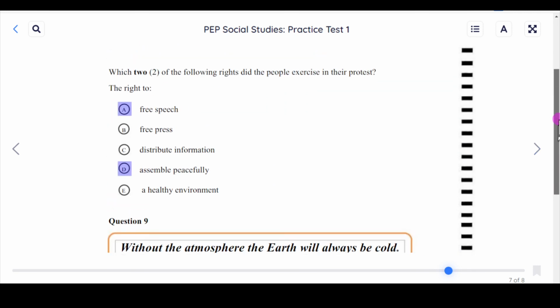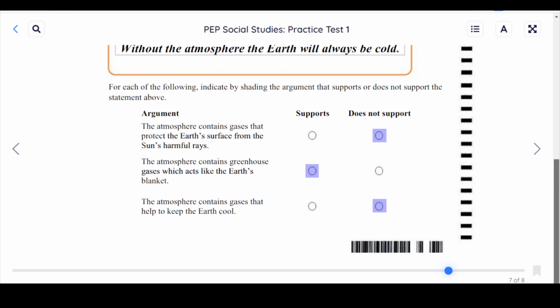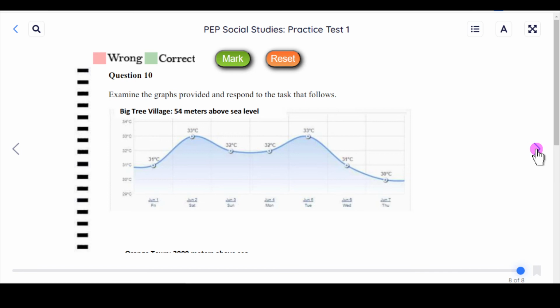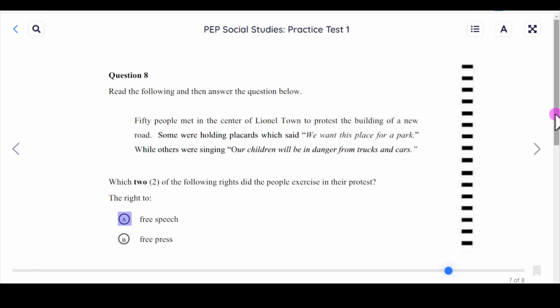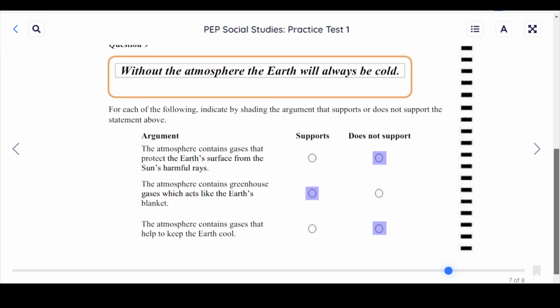So question 8, I needed 2 responses. In this one, I needed 3. All right, good. Let's go now to question 10. Before that, question 9 would have had to do with the atmosphere, right? And you can get more information on that.